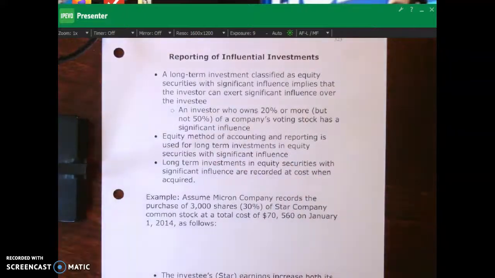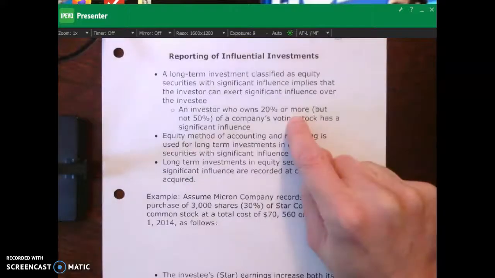It means that the investor has a lot of influence over the investee. So what that's saying is that if we go back to that example in some of the earlier lecture videos, where Music City could have been investing in Dell. Let's say that Music City invests heavily in Dell, buys, for example, 22% of the outstanding shares of stock.